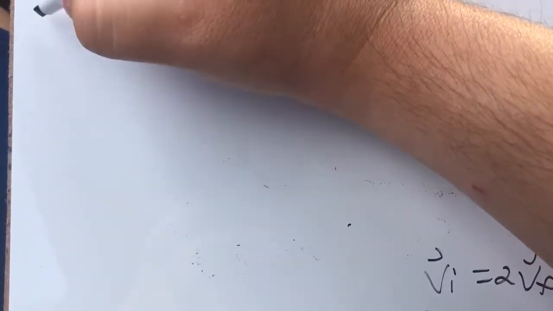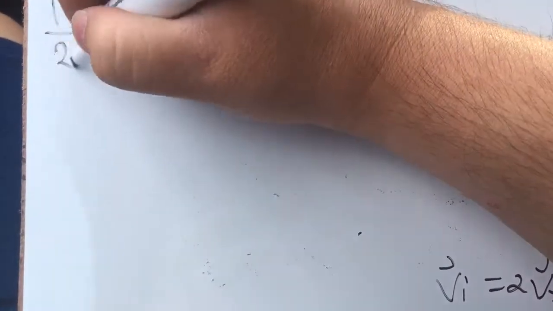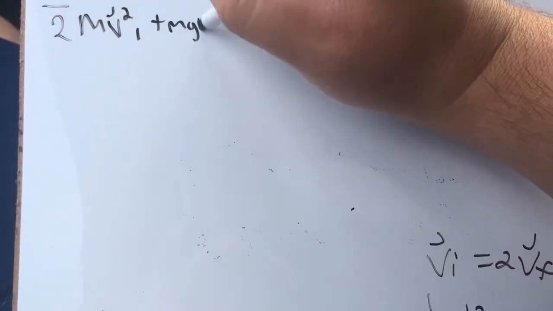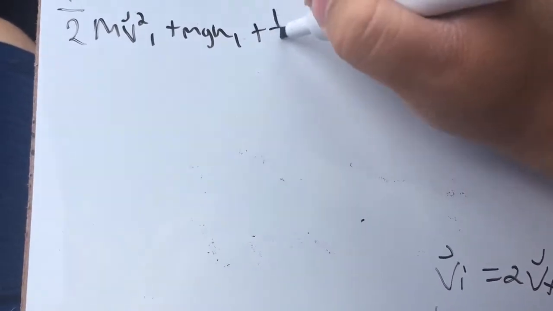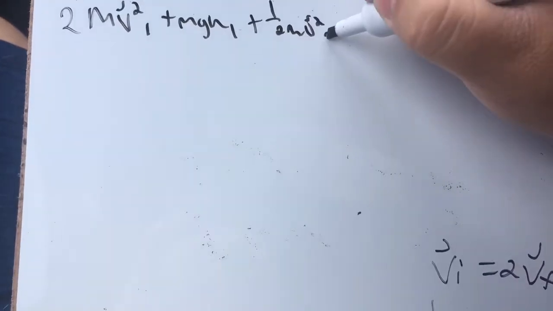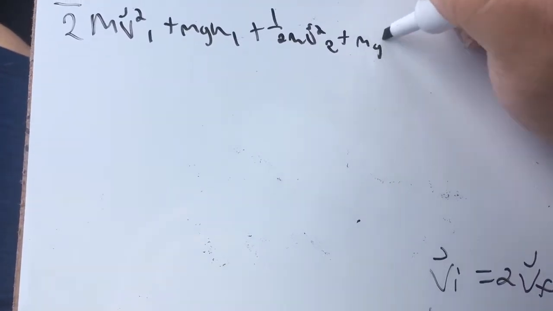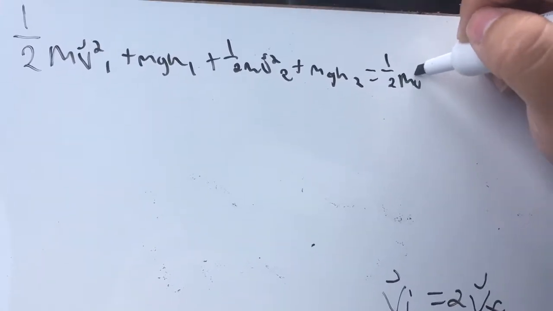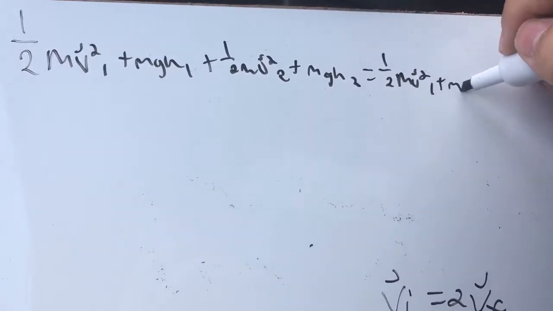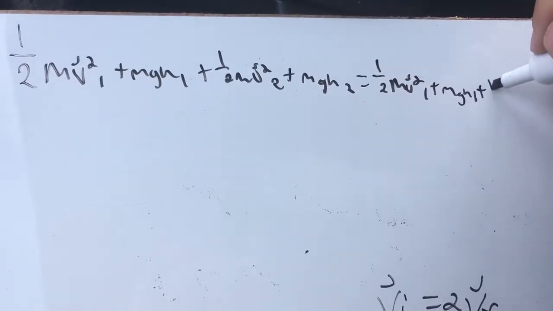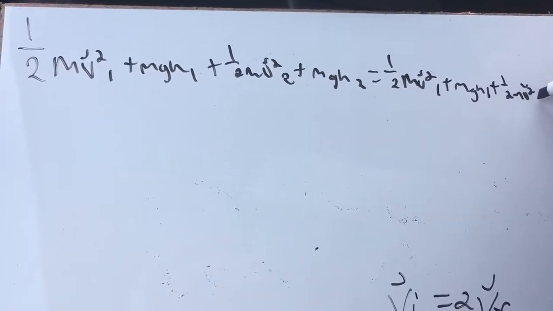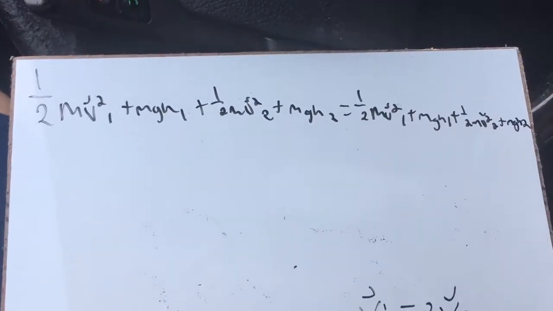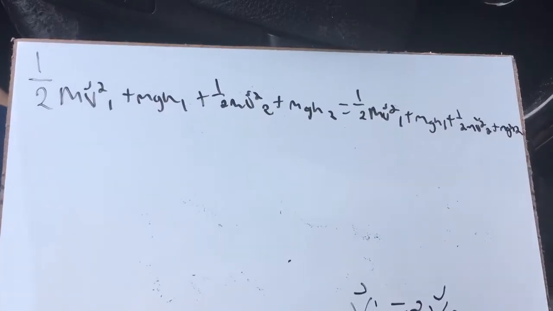It's going to be half mv squared 1 plus mgh 1 plus half mv squared 2 plus mgh 2 is equal to half mv squared 1 plus mgh 1 plus half mv squared 2 plus mgh 2. It's a bit lengthy, but that's what it is.